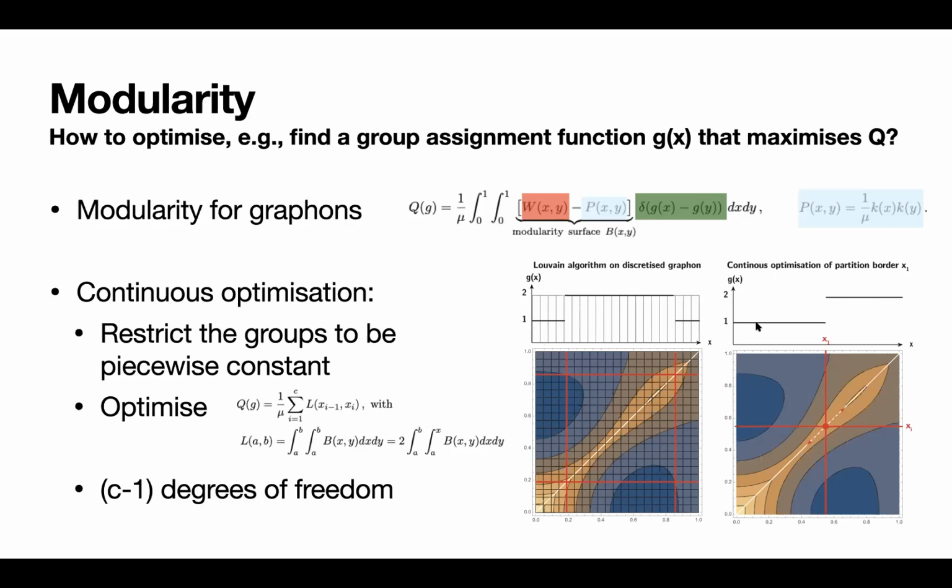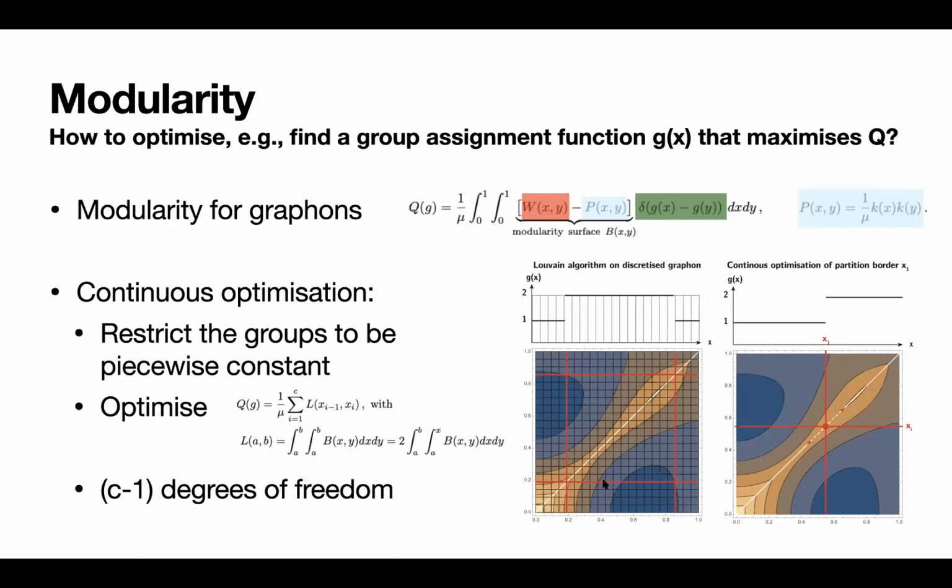If you assume this continuous structure of the communities, you can simplify this modularity function to just a sum of something we call sliced modularities. So essentially you have only this square, and the only thing you have to optimize is the positioning between those communities.